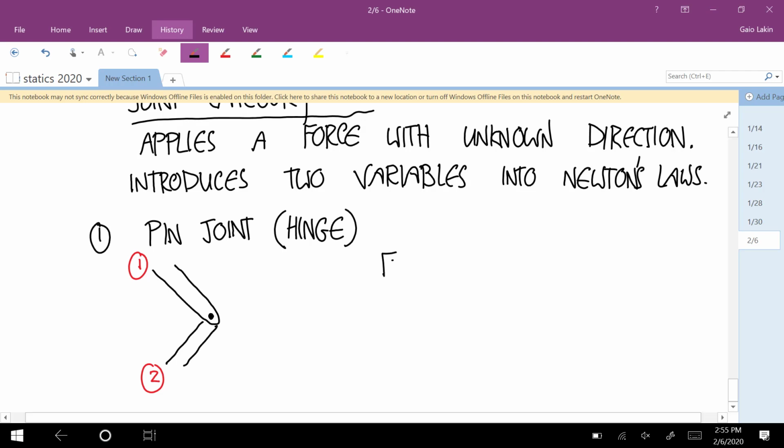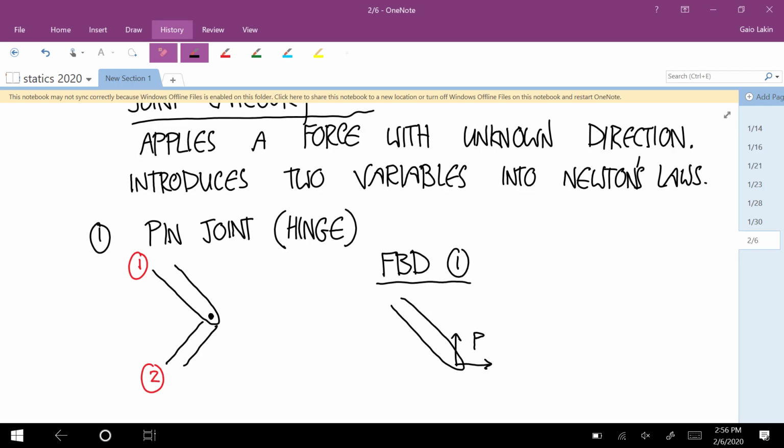So a free body diagram of body 1. We'll just represent it like this. I'll call that F. And actually, let's do this with the subscripts.